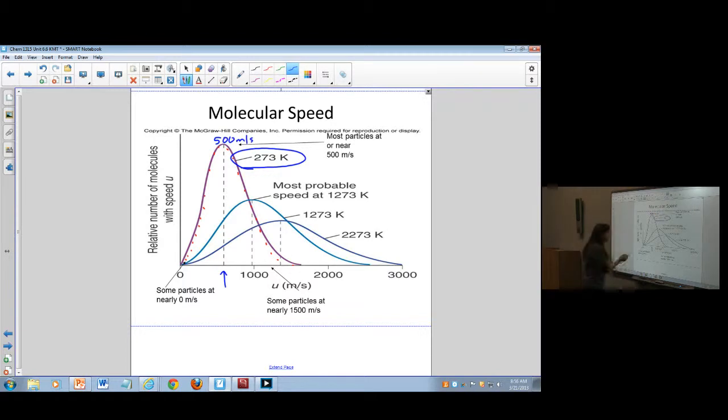But that doesn't mean that there's not a few in here moving at, I don't know, 50, and there might be a few in here at 1,200. So the average speed doesn't change even though individual particles may not be quite the same.